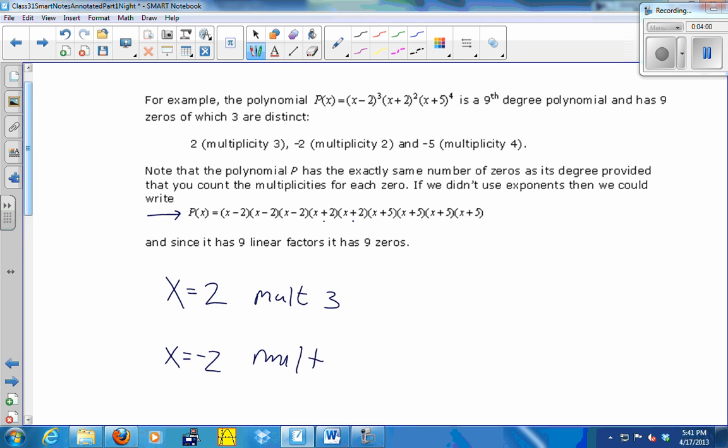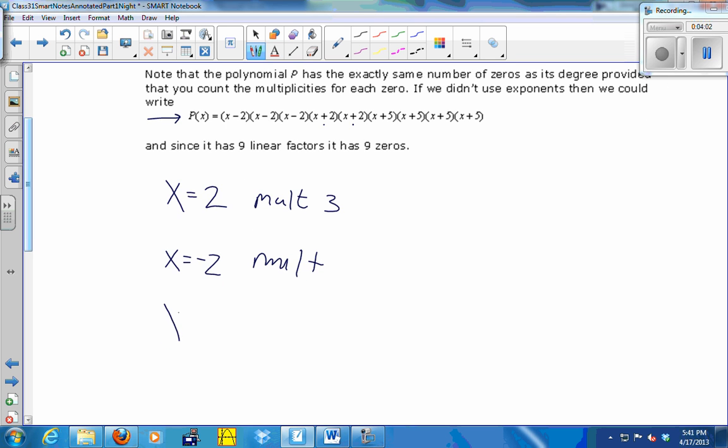And we get x equals negative 5, multiplicity 4. So when you count the zeros according to their multiplicity, we end up with 9: 3, 4, 5, 6, 7, 8, 9. So in this case, all the zeros were real, no imaginary part. But we had to count the multiplicities to get the 9.